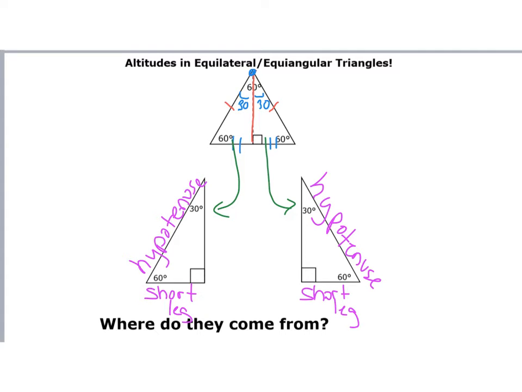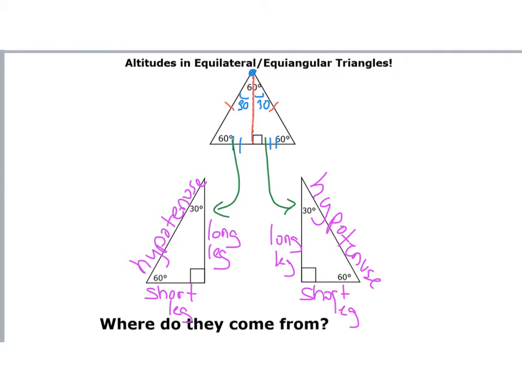Okay? And then the other one across from the bigger angle, the 60-degree angle, is longer than the short leg. So guess what we call that one? The long leg. Okay?